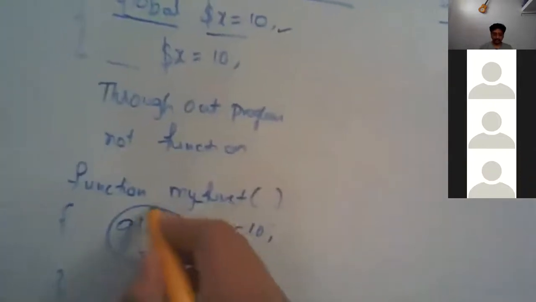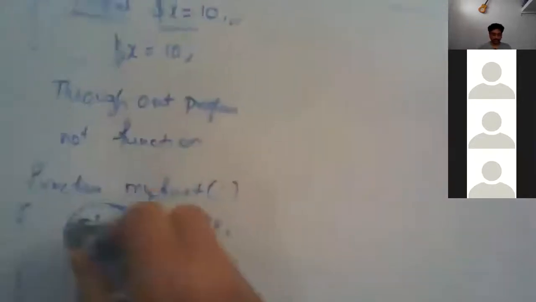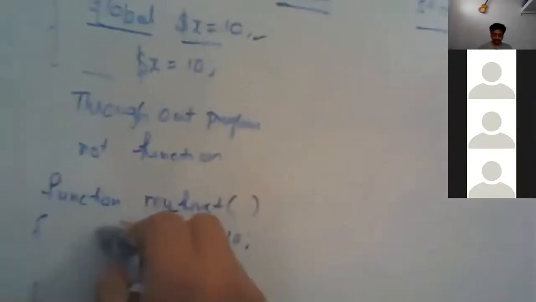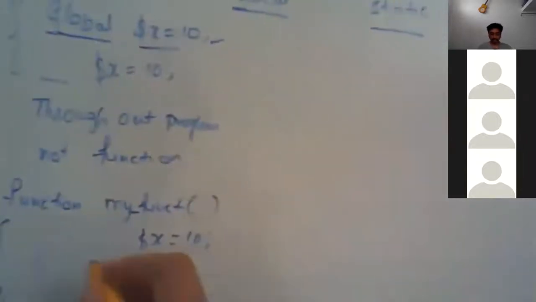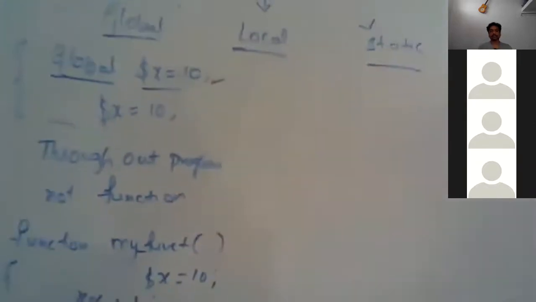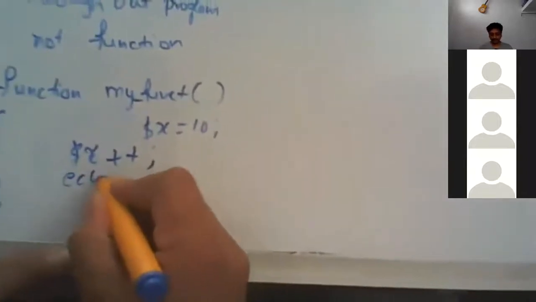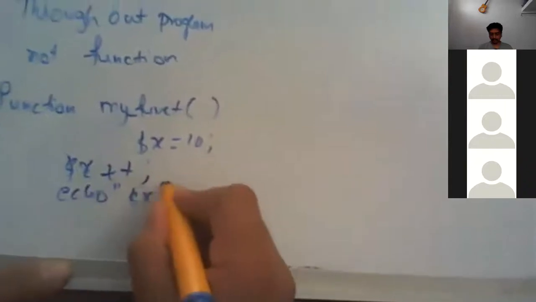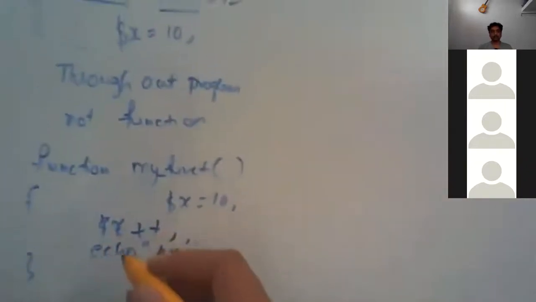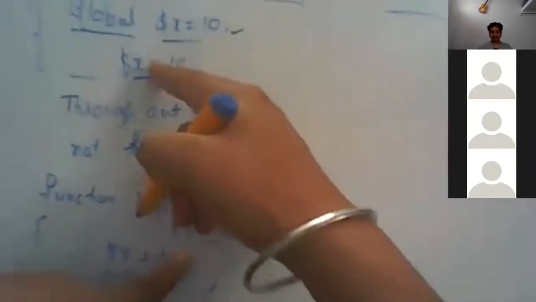Without mentioning the keyword global, this will not work. For example, if you want to increment $x with $x++ and print it with echo $x, this is not going to work out, because this variable is a global variable.